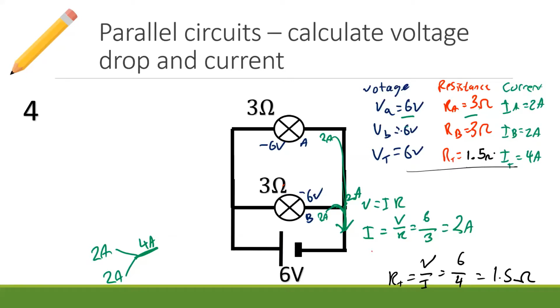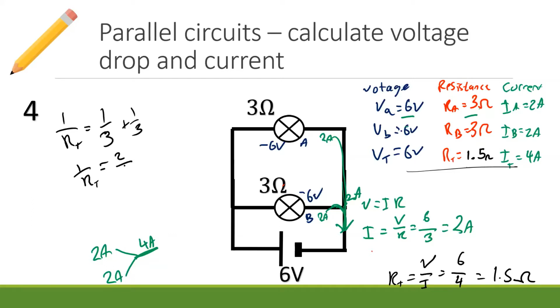Now, I will point this out, I'm not saying that you can't do the other method. You can do this method. If you love your fractions, then by all means, go nuts.